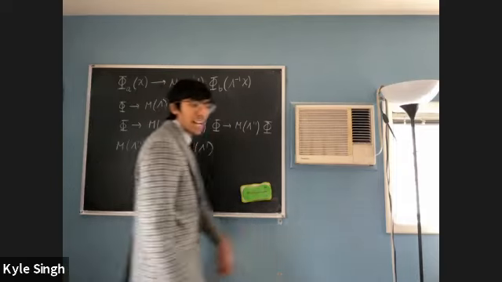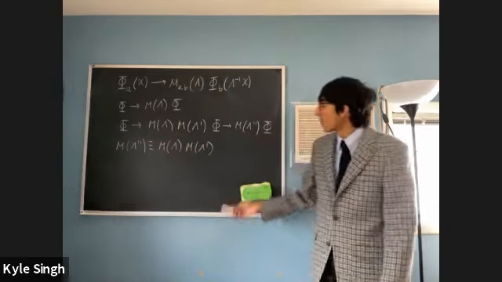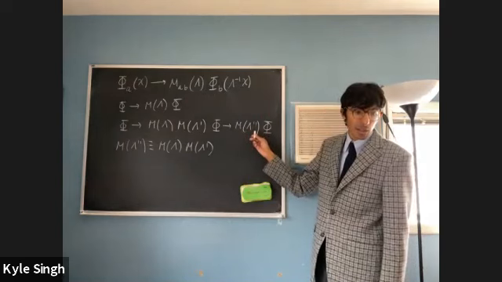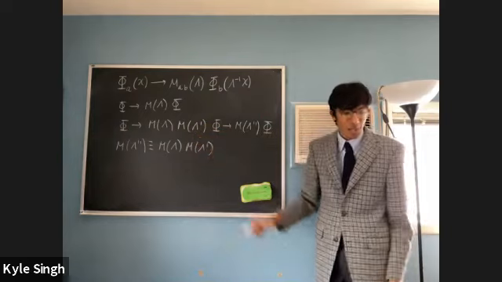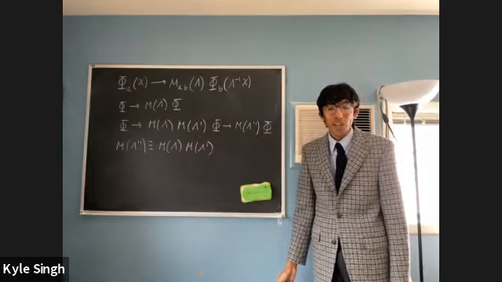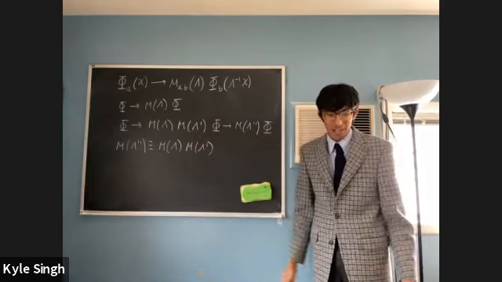The reason I'm writing it out in this way is to show you that now I've basically created a new transformation, which is the product of two starting transformations. So I'm showing you that I can just keep making up new transformations.